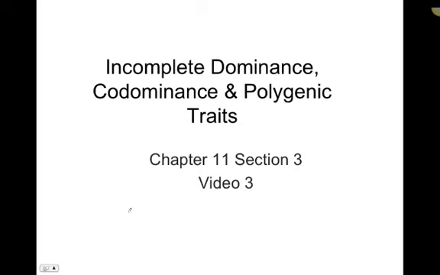Okay, then we're going to talk about polygenic traits. So many traits are controlled by two or more genes, such as eye color. So here are some of the genes that you have in you right now that control the color of your eyes. And depending on if you have the dominant allele, or the recessive allele, or any combination, because if you have all three of these, you could have any combination. You could have one dominant here, you could have a recessive here, you could have a dominant here.